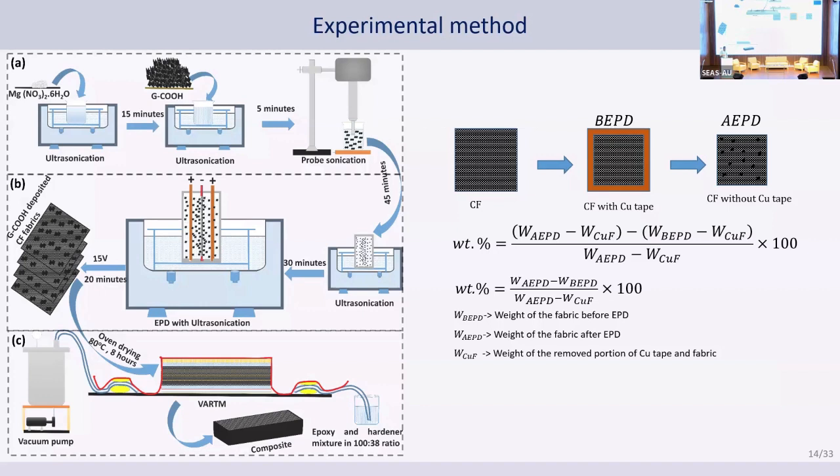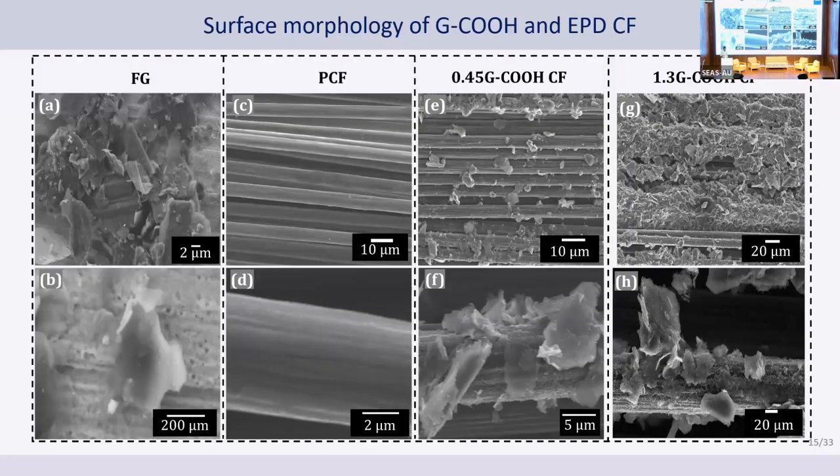After the EPD, we use those fabrics to make the composite. So this is the weight percent calculation. We deposited two weight percentages, 0.13 weight percent and 0.45 weight percent. Here 0.13 weight percent is film type deposition, and 0.45 is particle type deposition. On the left side we can see the pure carboxyl graphene.